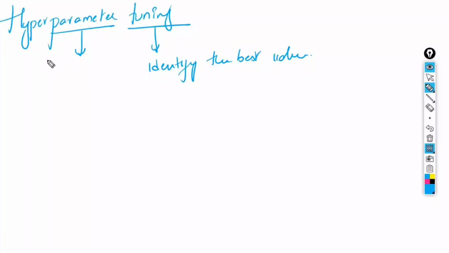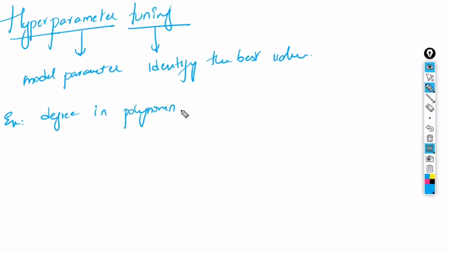Here the parameter is a hyperparameter, which means a model parameter. As this value changes, the entire model changes. An example is degree in polynomial regression.